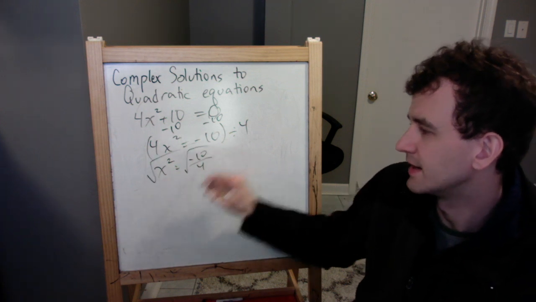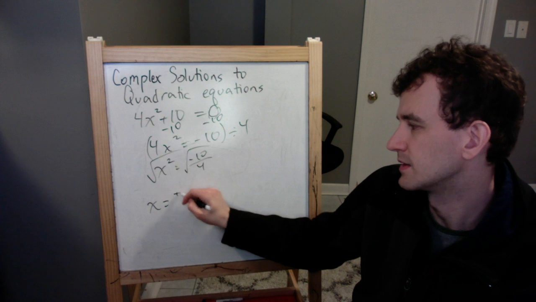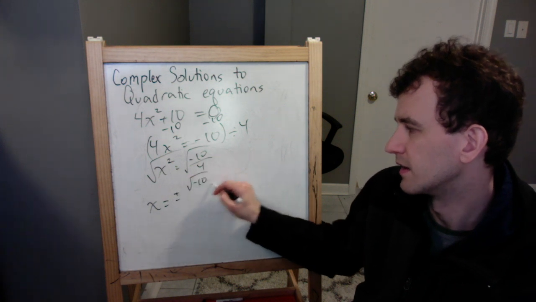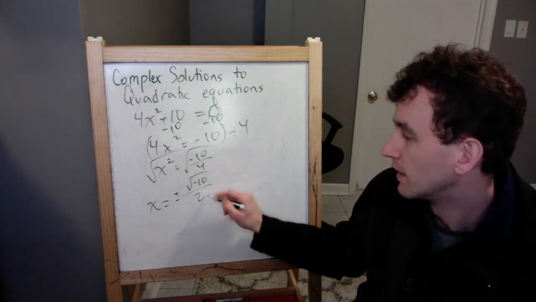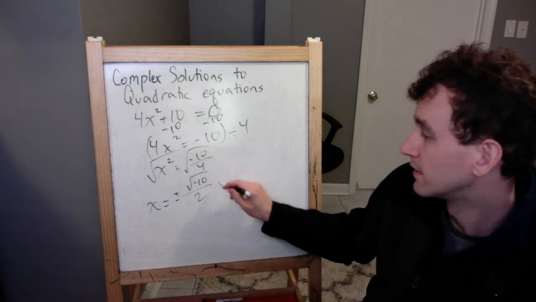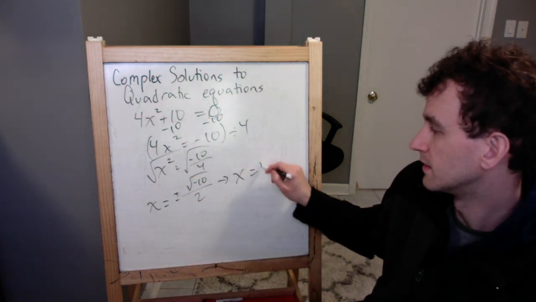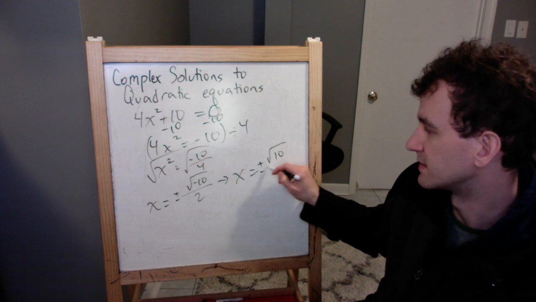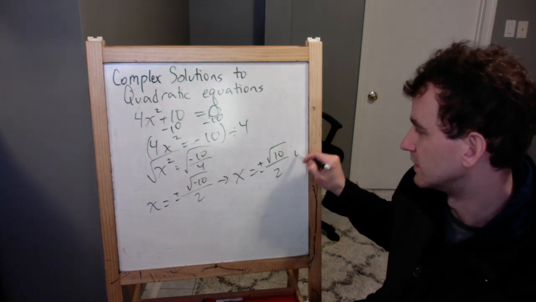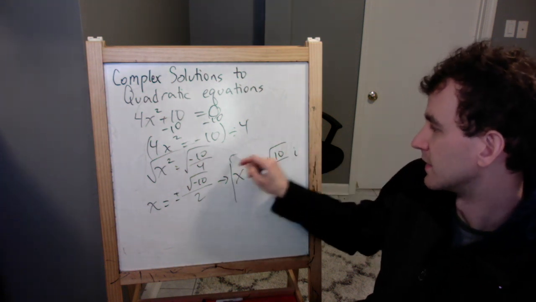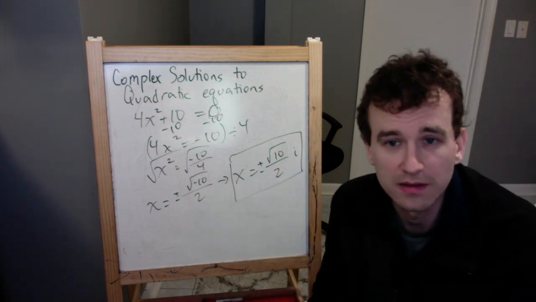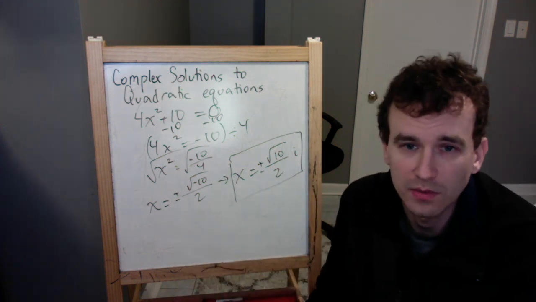Square root both sides, and we get x equals plus or minus the square root of negative 10 over the square root of 4, which is 2. And since it's the square root of a negative, we find that x is plus or minus root 10 over 2, i. And so that is our imaginary solution to this particular quadratic equation.